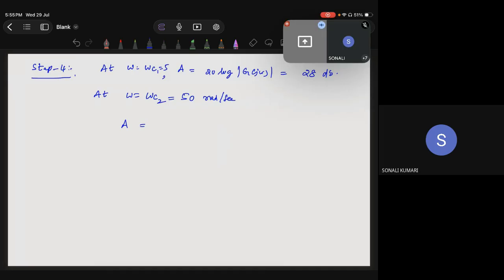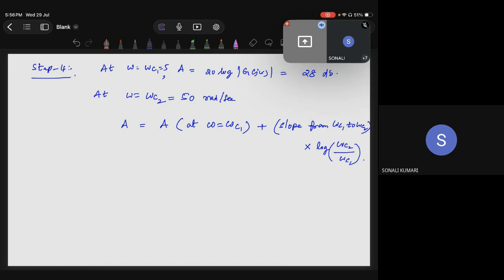Using something similar to y equals mx plus c, that will be A at omega equal to omega C1 plus the slope from omega C1 to omega C2 multiplied by log of omega C2 by omega C1.